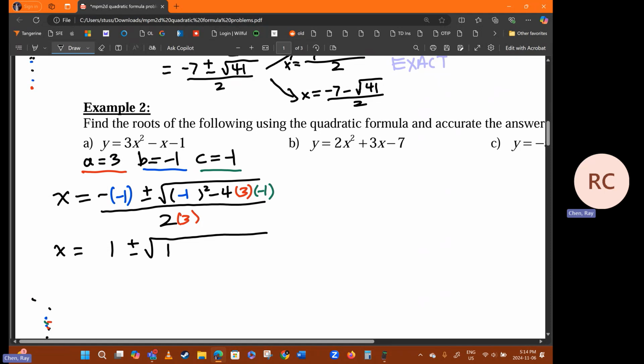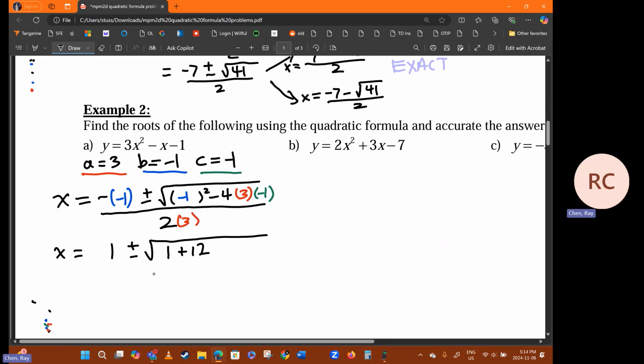Now this is maybe a little troublesome. Just pause the video if you need some help. The negative 4, that red 3, and that negative 1 with green negative 1, we're going to multiply those out, and you're actually going to get positive 12 over 6. Then we get x equals 1 plus or minus the square root of 13 over 6.